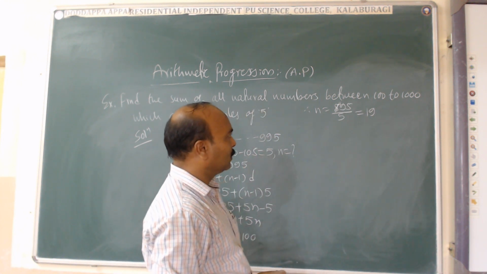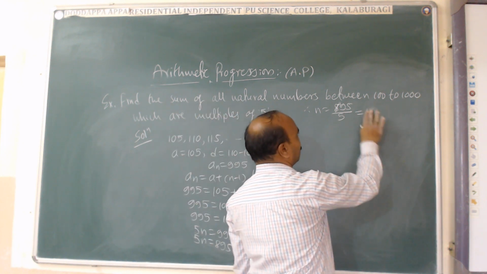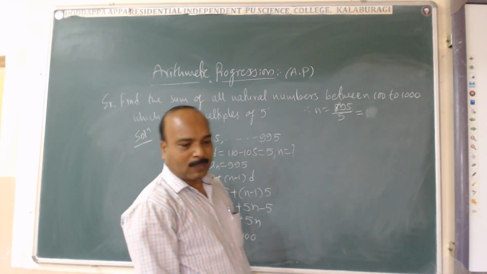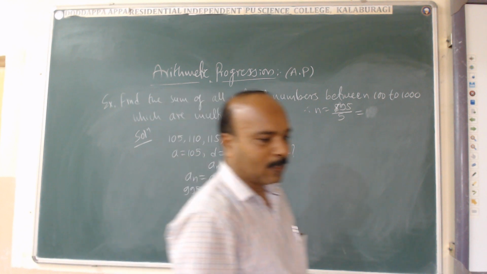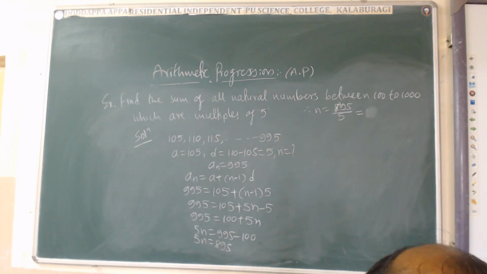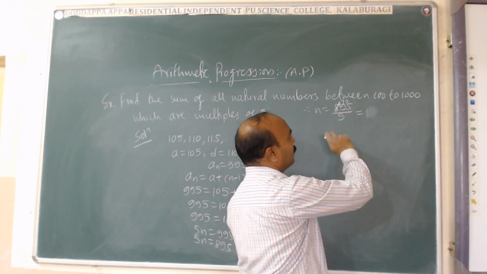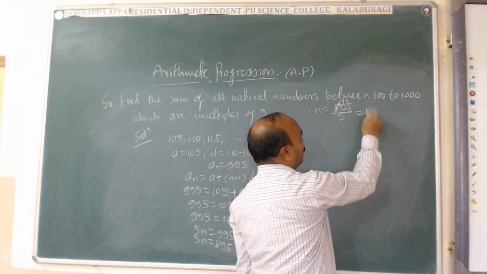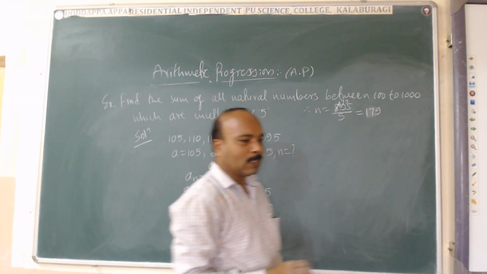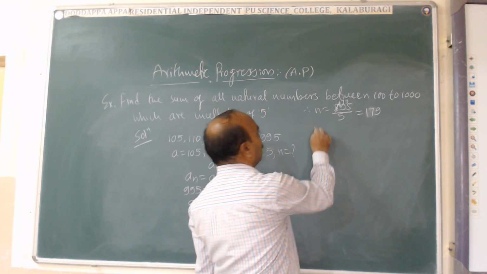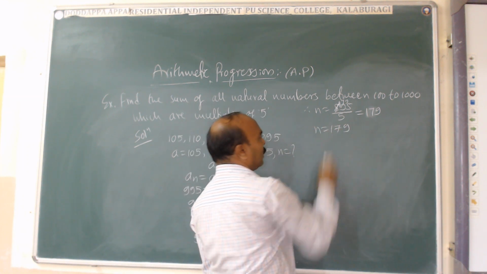Then we simplify this and get the value of n. 5 ones are 5, 5 sevens are 35, 5 nines are 45. It is 179. Therefore n equal to 179.